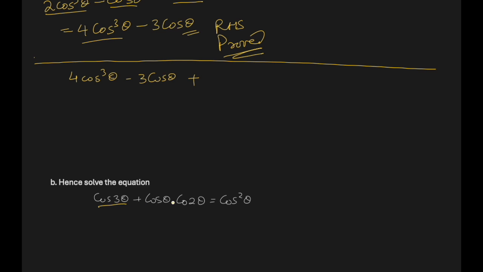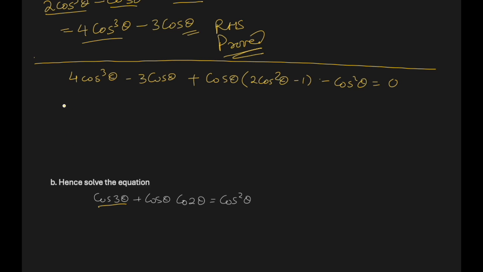Then we have cos theta, cos 2 theta, and cos 2 theta again I will write as the one I used earlier, 2 cos square theta minus 1. And let me bring this cos square also to the left side. So minus cos square theta is equal to, nothing is left here now.